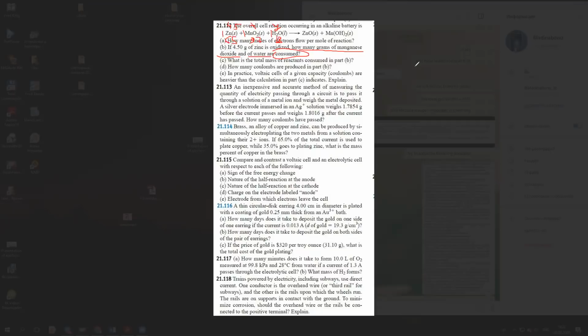Is it so difficult? So multiply 4.5 by 97 and divide by 65, and then you will get the answer. So you can also multiply 4.5 by 18, divide by 97, and then you get the answer.